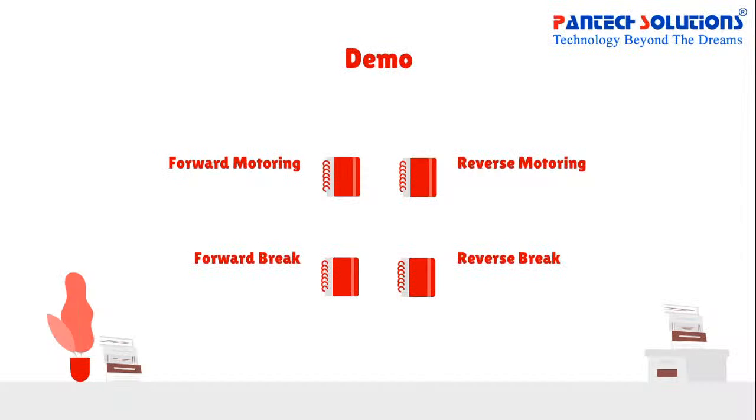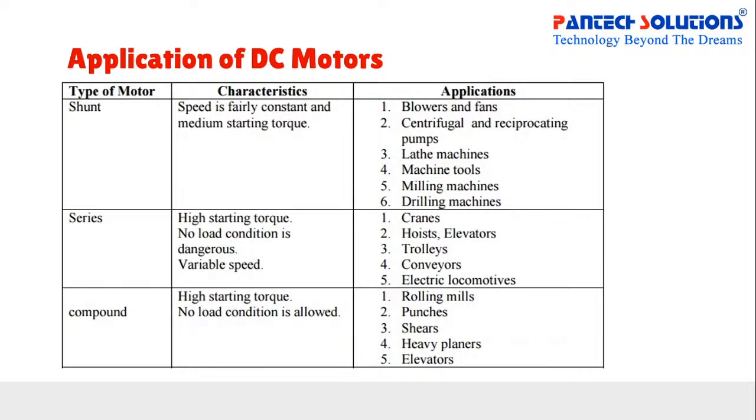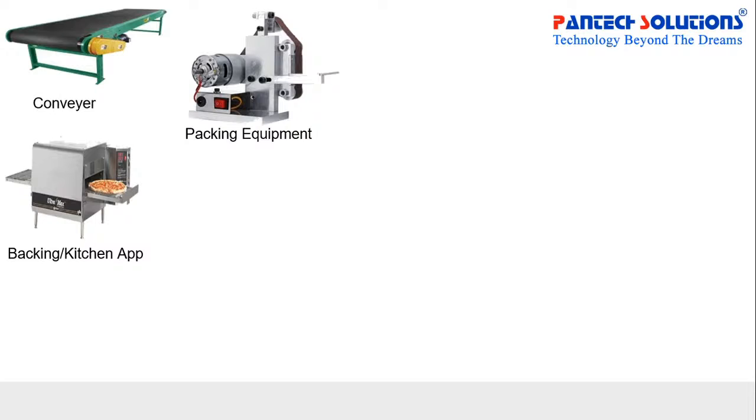In this demonstration we have verified forward motoring and reverse motoring, similarly forward brake and reverse brake. This DC motor is mainly used for this kind of application. These are some basic theories, so you can check them. Generally, DC motors in the commercial market are used for all kinds of conveyors, where the conveyor can handle speed as well as weight.